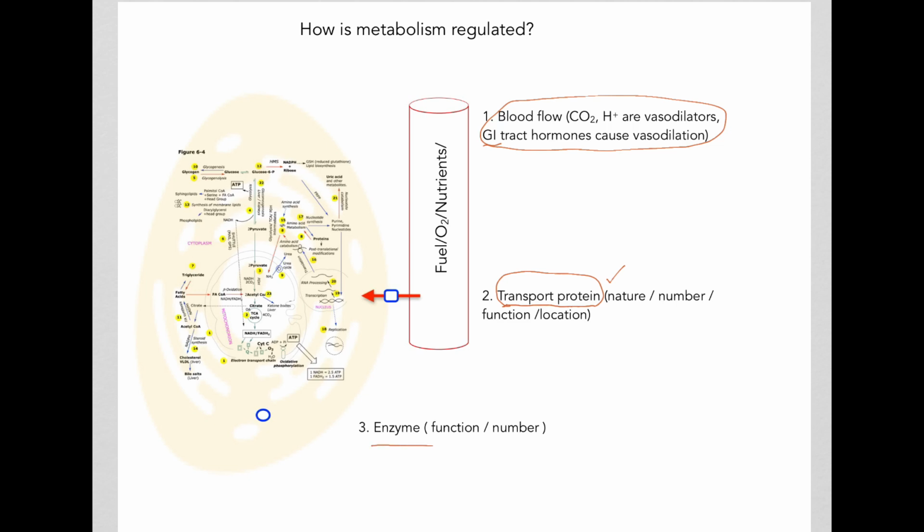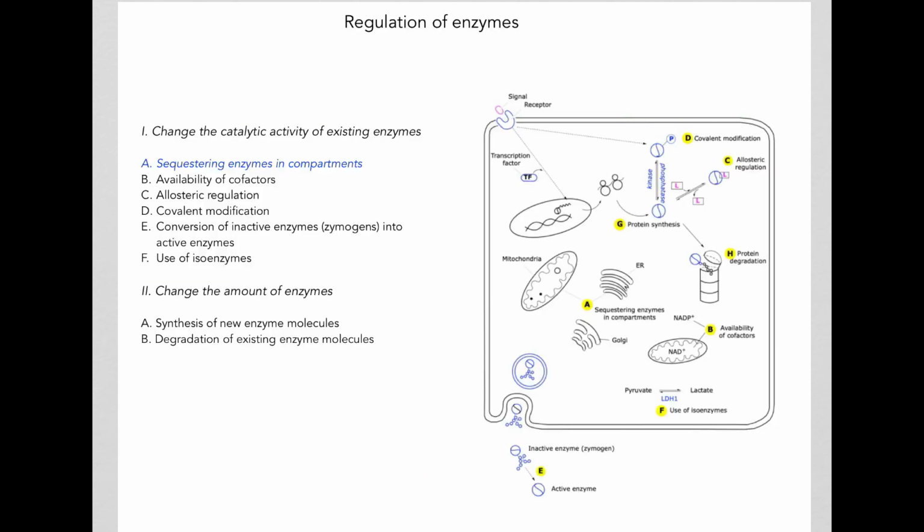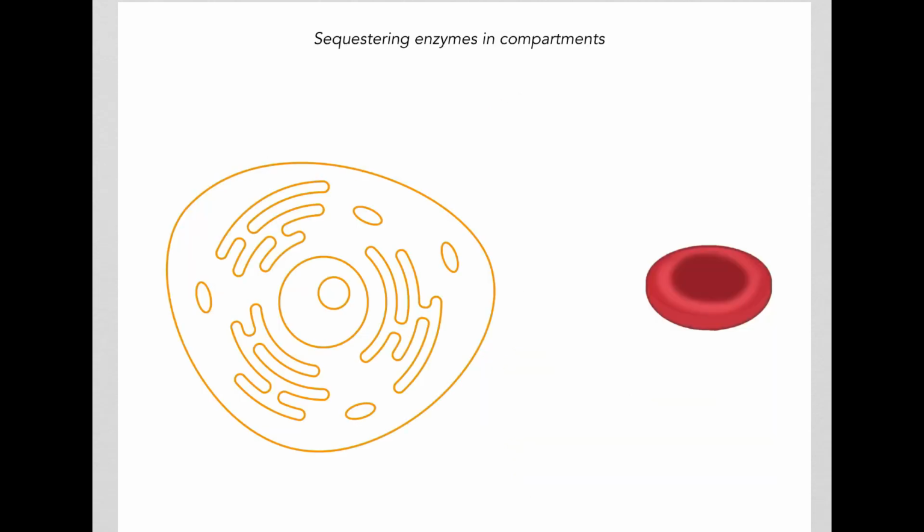And since metabolism involves a lot of biochemical reactions, and these reactions are catalyzed by enzymes, it's not surprising that probably one of the best ways to regulate metabolism is by controlling the enzyme function as well as the enzyme number. There are several ways to change or regulate the catalytic activity of existing enzymes within the cell. Today we'll focus on sequestering enzymes within compartments.